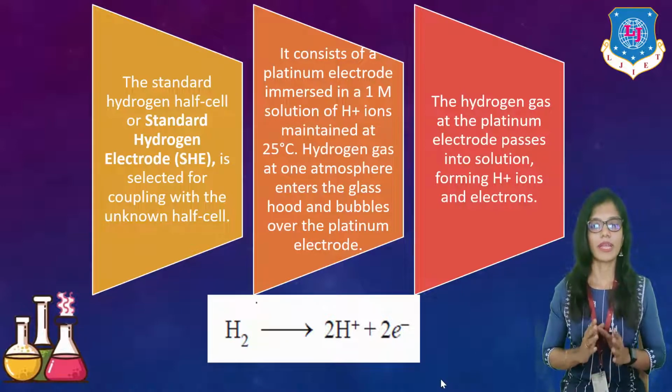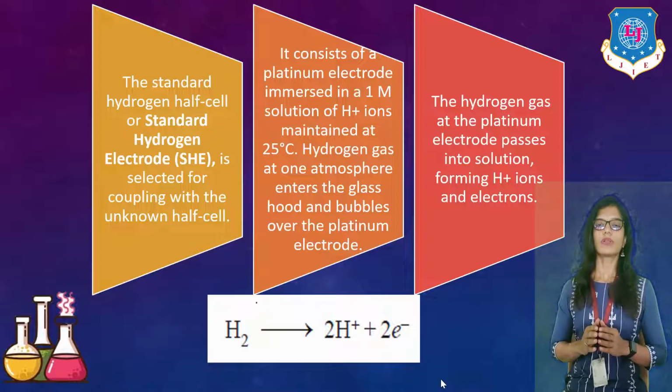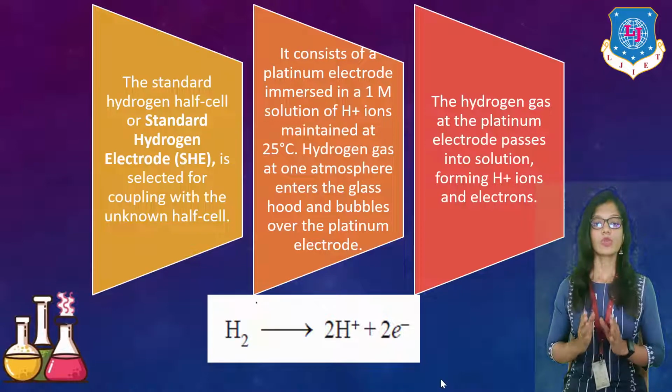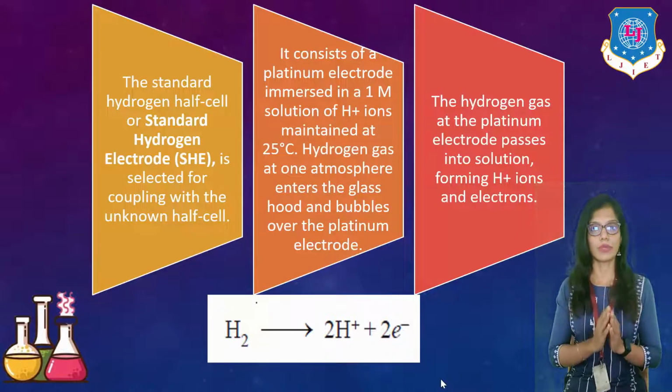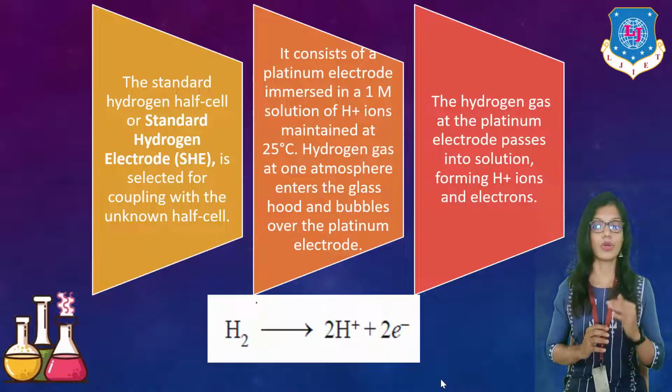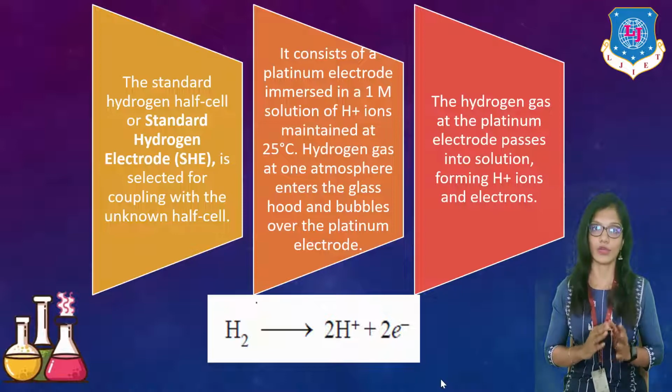It consists of a platinum electrode immersed in a 1 molar solution of H plus ions maintained at 25 degrees Celsius. Hydrogen gas at 1 atmosphere enters the glass wool and bubbles over the platinum electrode. So in this manner, the platinum electrode will be in contact with the H2 bubbles or H2 gas. The hydrogen gas at the platinum electrode passes into the solution, forming H plus ions and electrons.